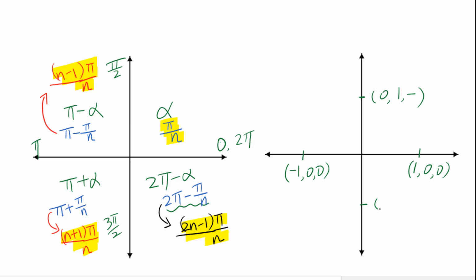And here is 0, negative 1, undefined. We know the coordinate is cosine, sine, tangent. Label, this is 0, 2 pi. This will be pi over 2. This is pi, and 3 pi over 2.